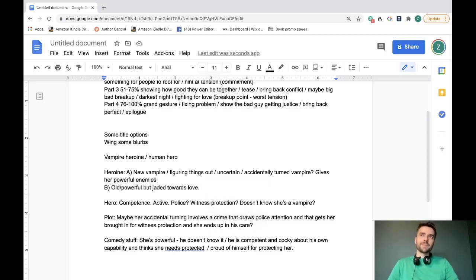Yeah, I don't know if that's jumping out to me as a good idea as I'm trying to think about it. But I also have some doubts about this new vampire figuring things out, where I don't know if that would undermine the whole comedy aspect and just make it more like he is the badass who's coming in and saving the day.